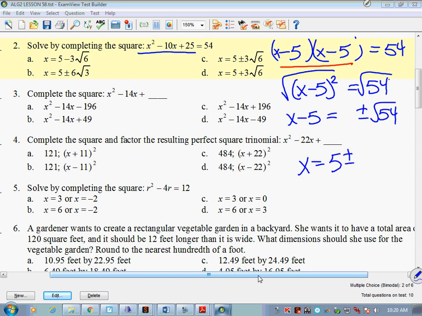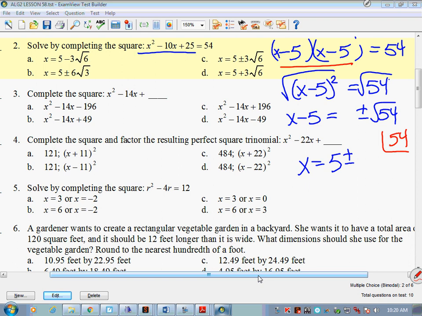And before we go very far here, we probably want to do what with that square root of 54? Anybody know? I think I heard somebody say something. What do I want to do with the square root of 54? The tree thing. Okay, kind of like the upside down cake type of thing. All right, so you're right. We want to simplify the radical.